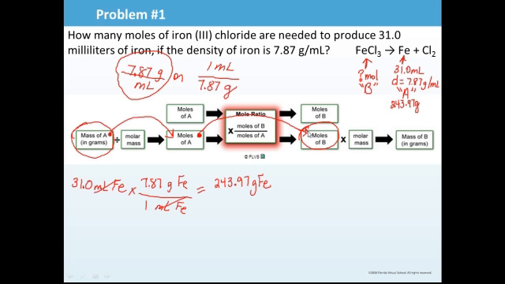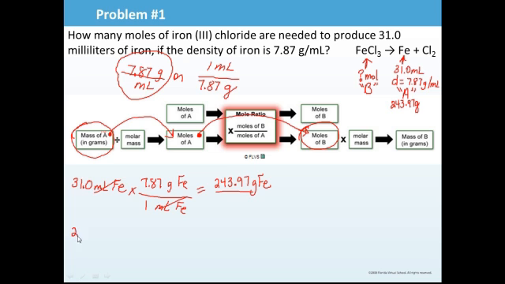Now, this problem is exactly like the problems in 4.06 regular. Start with what you're given. Well, I was given 31 milliliters, but I got to start with something that's on the stoichiometry graph. So I did my honors conversion, and now I have 243.97 grams of iron.